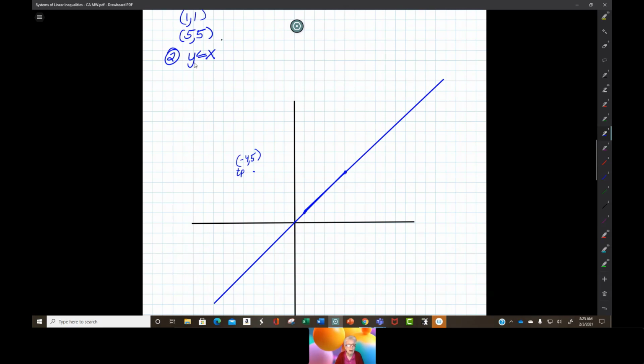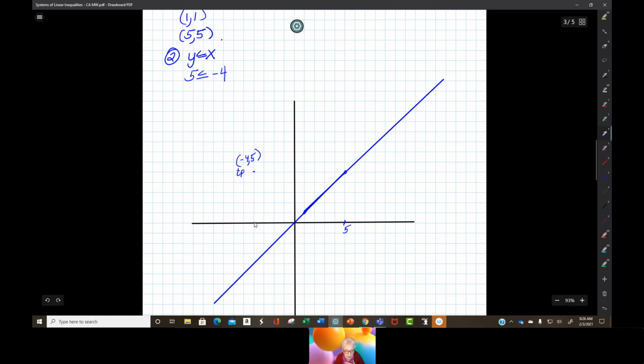Now, y is 5. X is -4. 5 is definitely not to the left of -4, because here's 5.